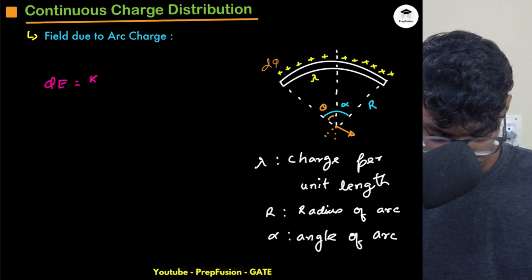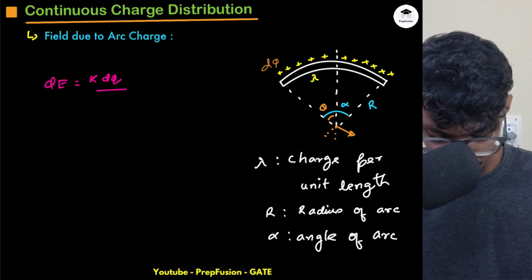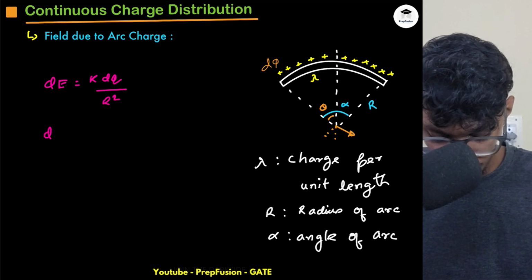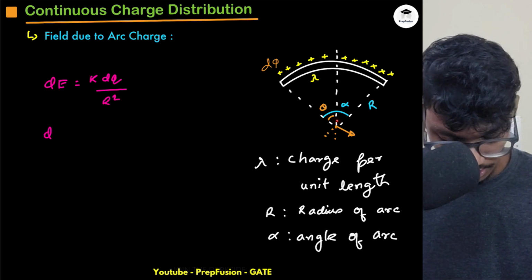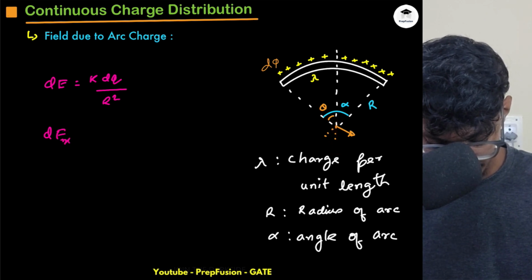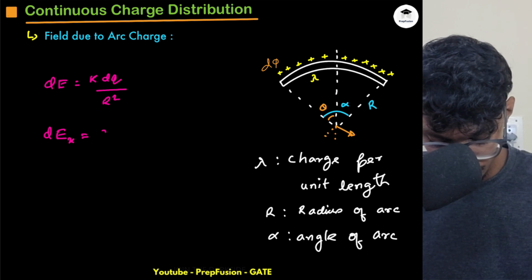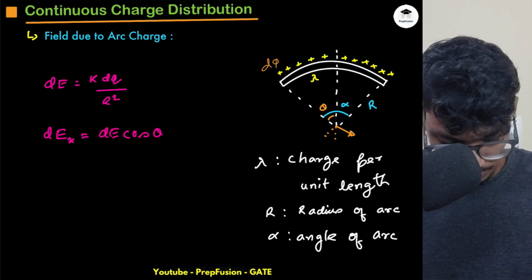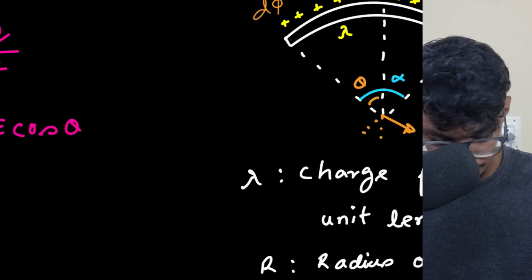dE is k dq by r square, and I need to find the component of the electric field along its axis. So dE along its own axis, dEx, will be simply dE cos theta. Because this is the theta angle, this is also theta.